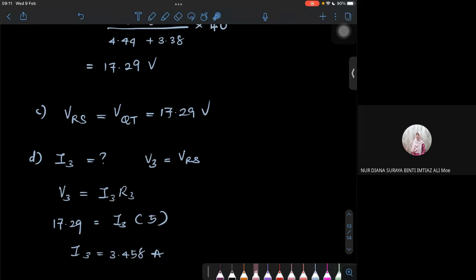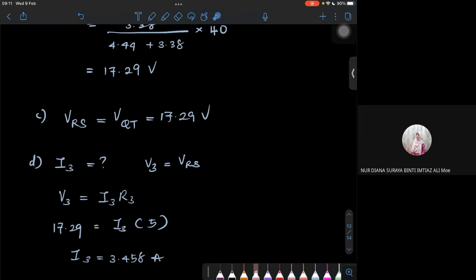Okay, no questions. So from here you can see, if we compare with the calculation we did earlier using Ohm's law, using potential divider is easier and more straightforward. We do not need to calculate many times. So just remember, if the question specifically asks you to find the voltage using potential divider, you must use that method. You cannot use another method, you cannot use Ohm's law. If it is not specific, then you are free to use any method you are comfortable with.